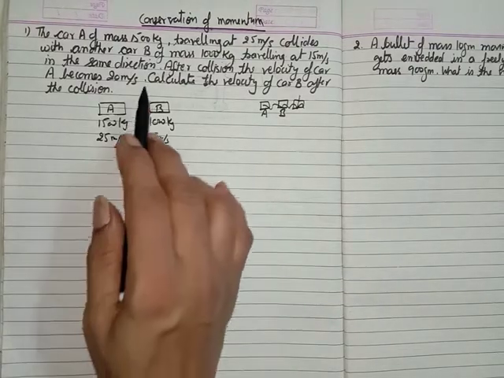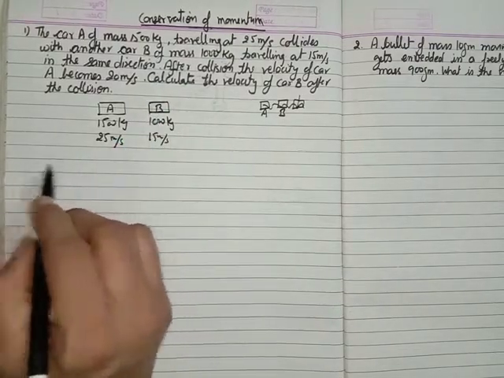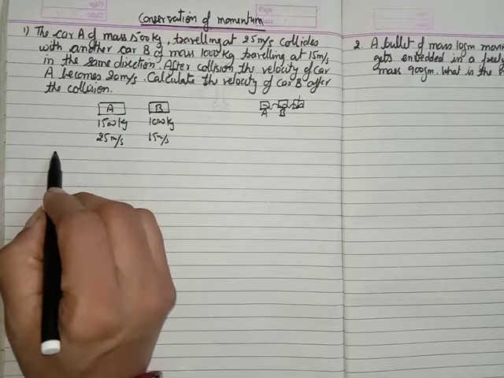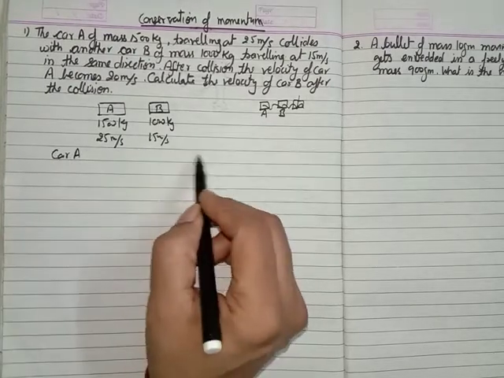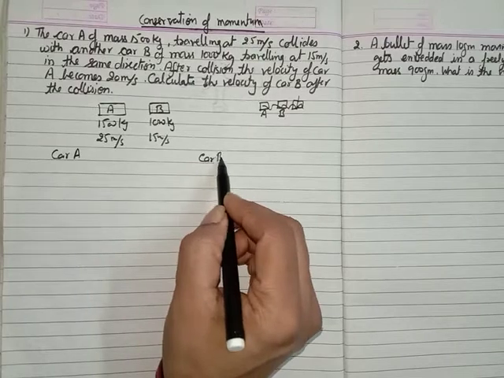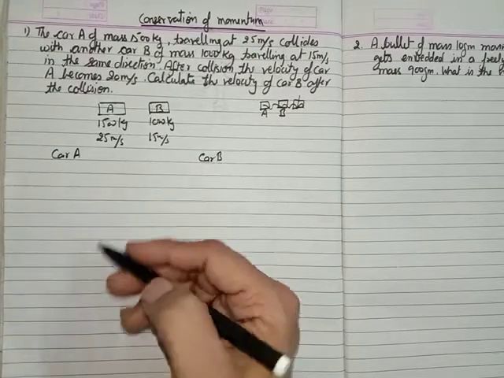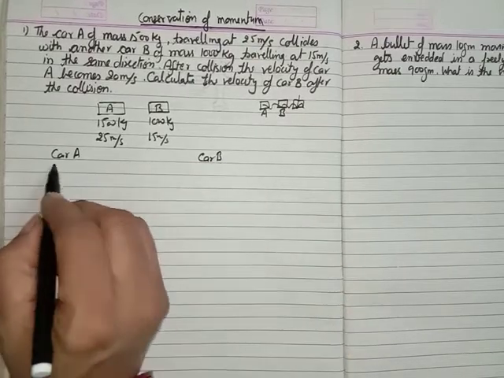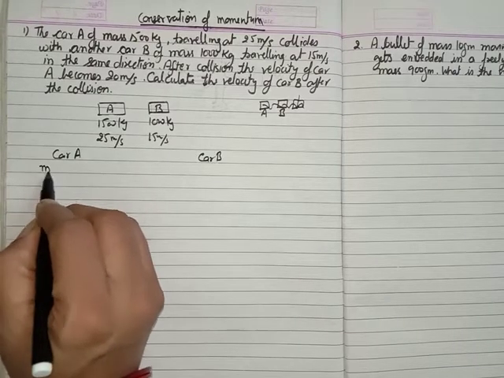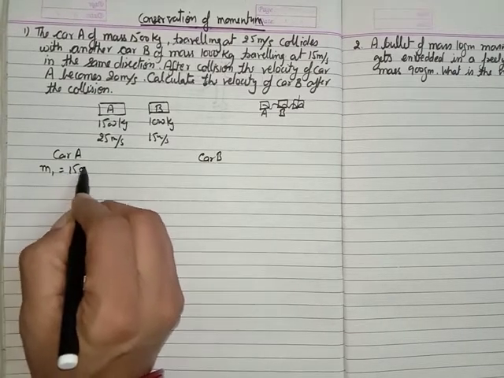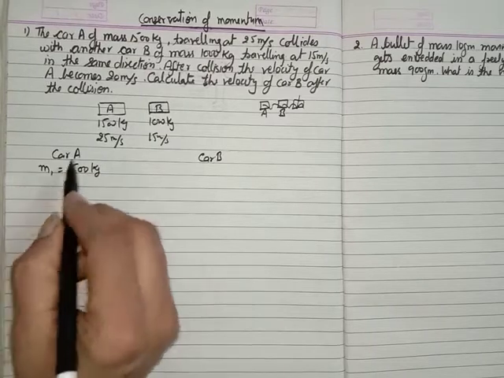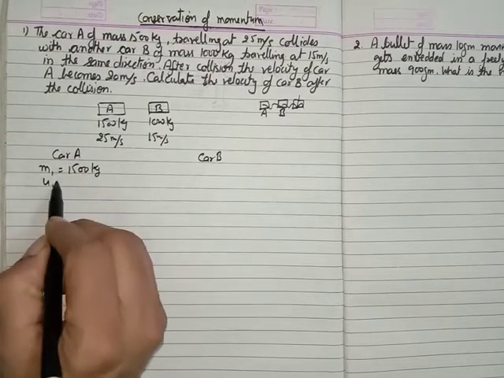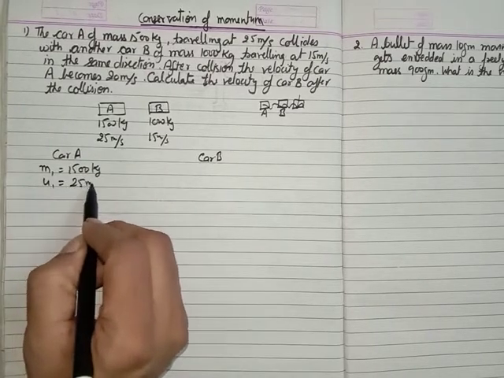So again in this question, you can make a table, which will make the numerical easier. For car A, the mass m1 is equal to 1500 kg, and the initial velocity u1 is 25 meters per second.